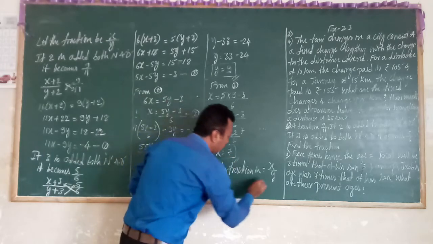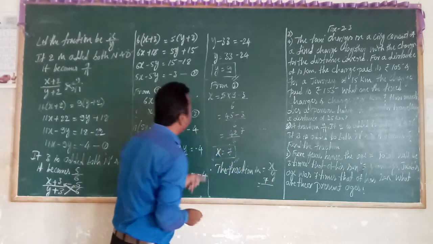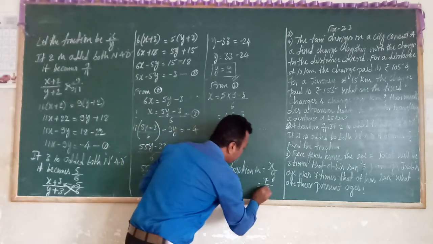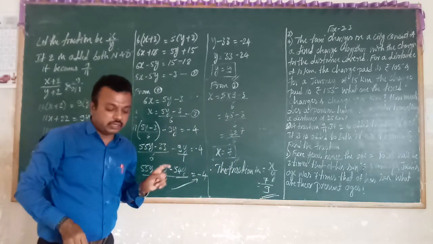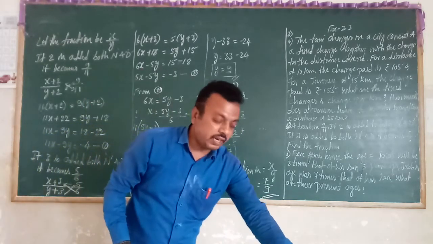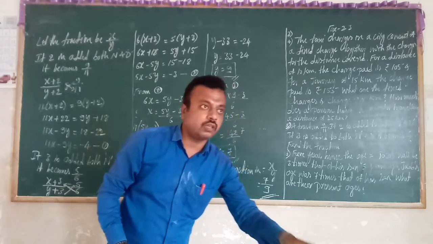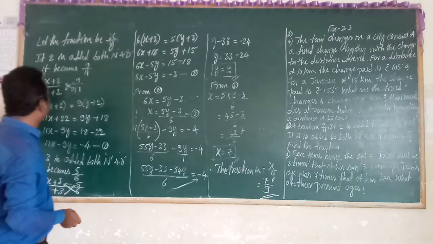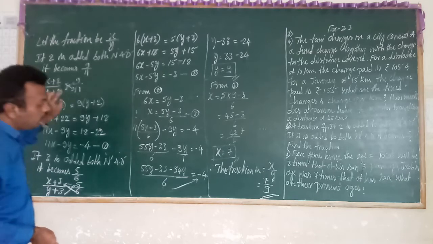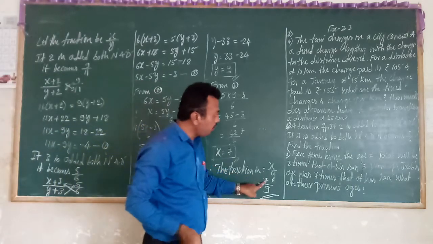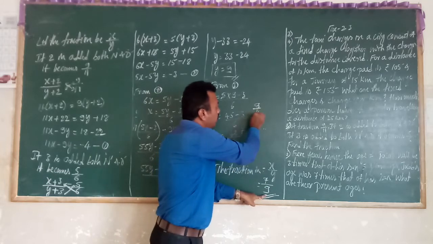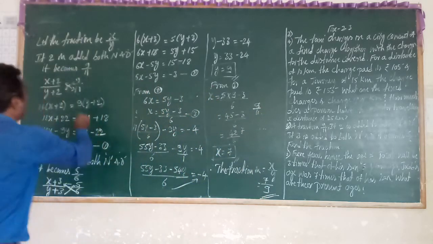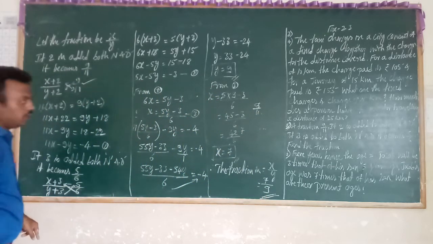So x is 7, and y is 9. So 7 by 9 is the fraction. In that fraction, we add 2 to both the numerator and the denominator. So 7 plus 2 becomes 9, and 9 plus 2 becomes 11. 9 by 11. Is it right? Yes, like that.